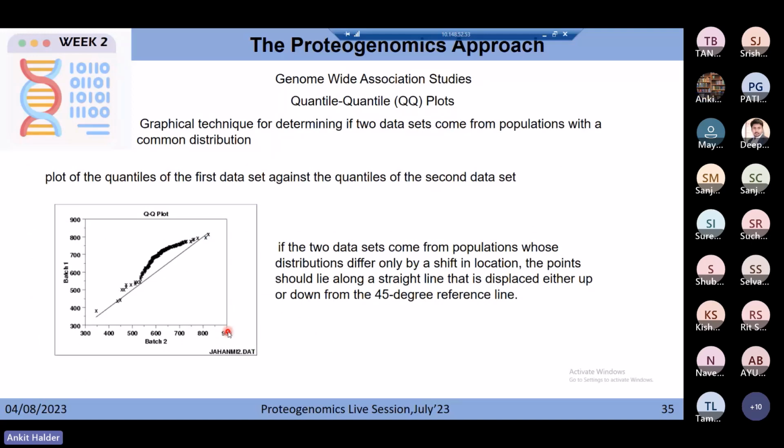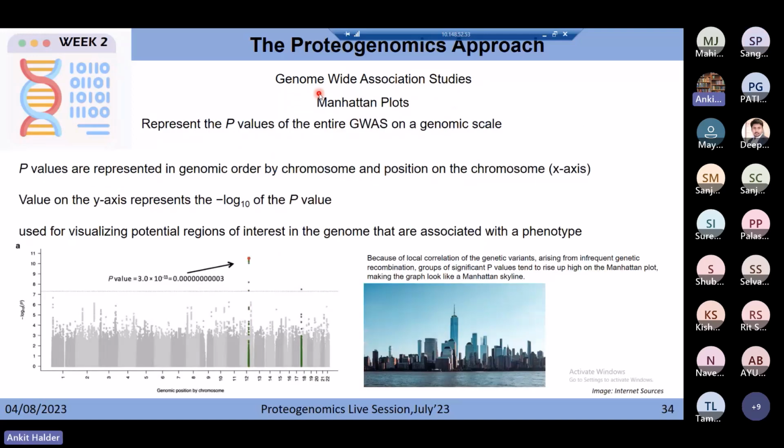We have a question from Nima Joshi. When we take all of these SNPs and plot them on a Manhattan plot, how do we decide the threshold for the p-values? No fixed threshold is decided.